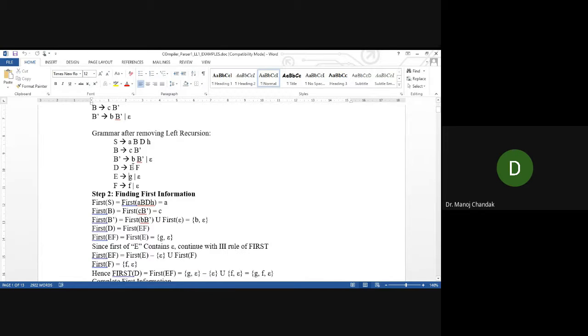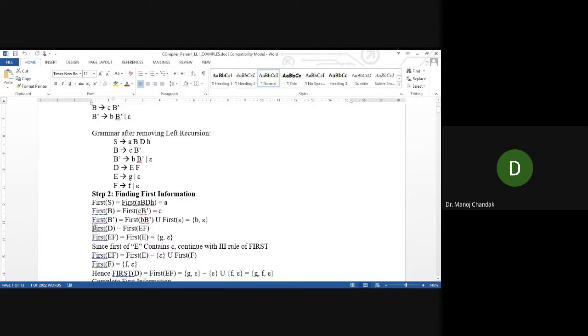Just like in this rule, B goes to CB dash. So you can always say first of B is first of CB dash. Okay. This is your right hand side. Its first is given to this. Okay. So first of B is first of CB dash, and you can always say first of CB dash is first of C. Similarly, B dash is no problem, followed by epsilon, no problem, you continue.